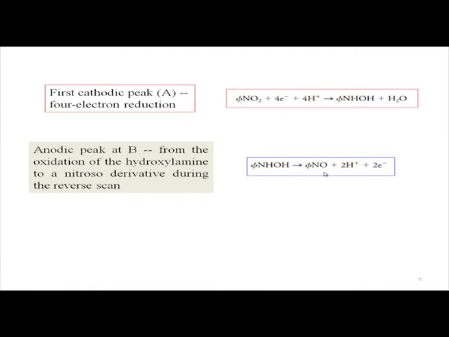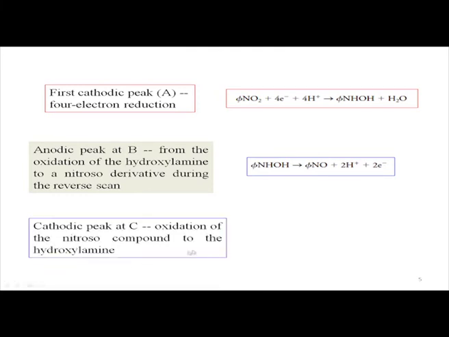So the nitroso derivative of the parathion is formed by oxidation with 2 electrons only. So this is the 2 electron oxidation, and finally the cathodic peak C, that means this NO is there, and this NO is in your hand.